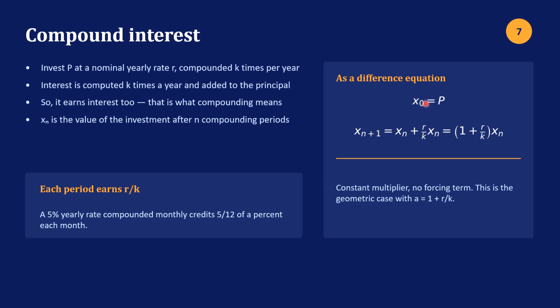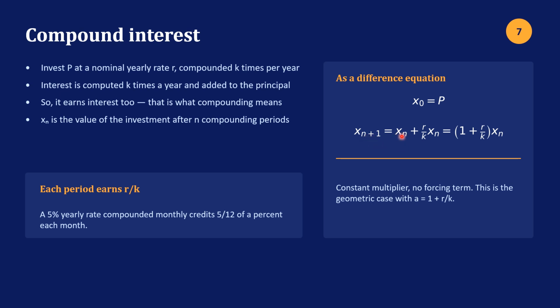So you start with p, and then after the first period, x1 would be p plus r divided by k times p, the principal. So it's principal plus the interest you made in the first period, and so on. So that continues. This is in general: if you're at period n, you want to know how much you have at period n plus 1.